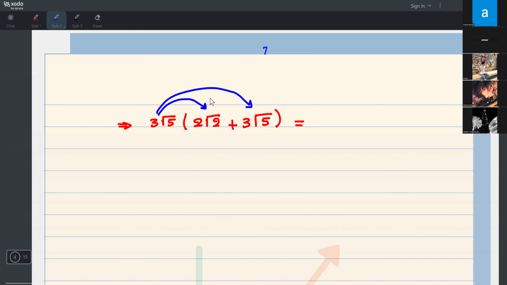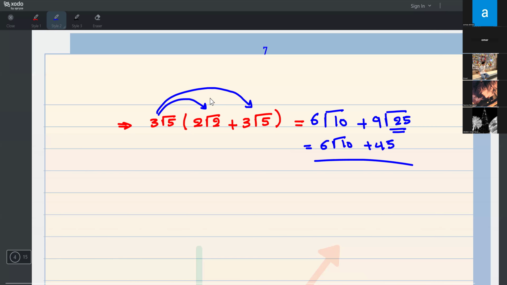The first one I got 6 root 10, plus 9 square root 25. Yeah, square root 25, we can simplify it to 5, so 45. Excellent. So it will be 6 root 10 plus 45. Excellent. Asma, your answer like this? Yeah, I got the same answer. Excellent. Ahmad, your answer like this? Yes.